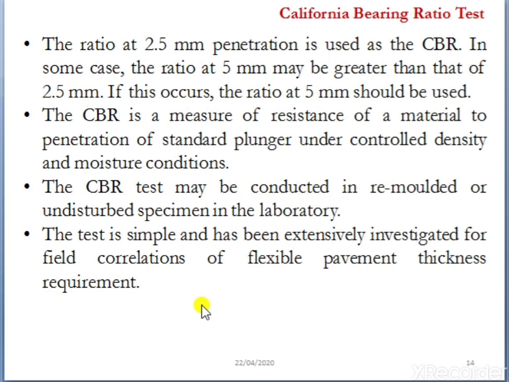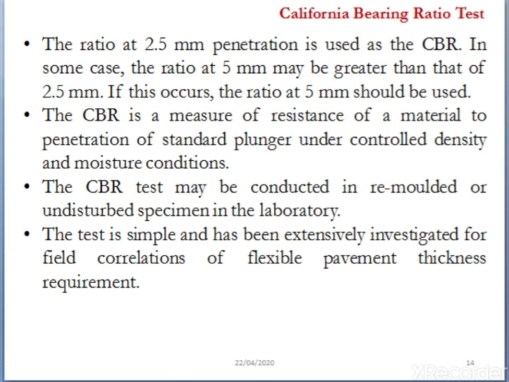The test is simple and has been extensively investigated for field correlations of flexible pavement thickness requirement. So the CBR test is a very simple test which is conducted in a lab or it can also be conducted in the field.